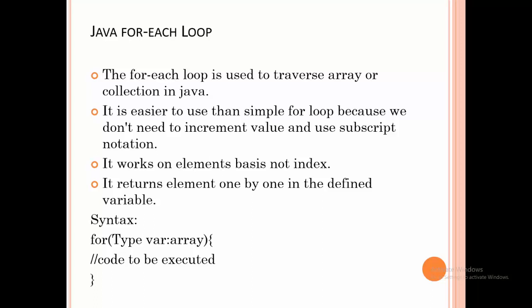So this type of for loop is used for array variables and collections in Java. And it is easier to use than the simple for loop because we don't need to increment a value and use subscript notations. It works on an element basis, not index. So usually we will be using the index values. But the enhanced for loop will be using the element basis only. And it returns elements one by one in the defined variable.